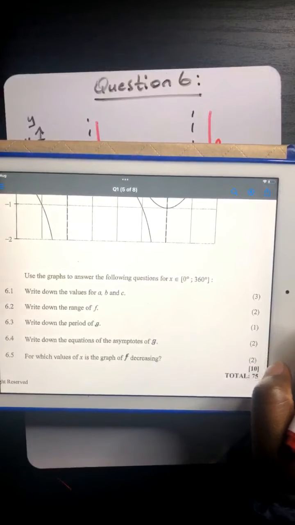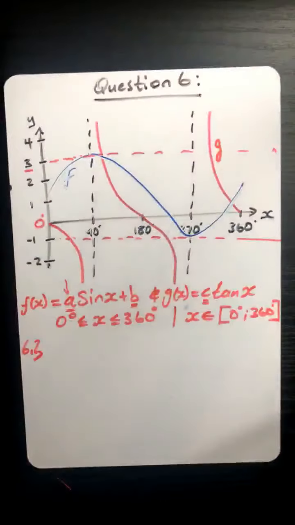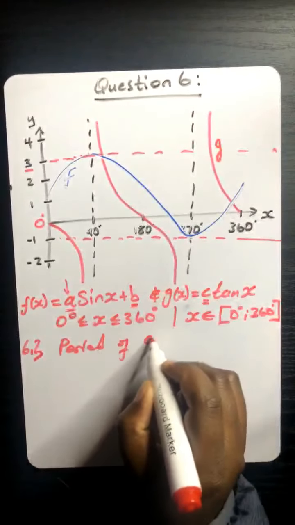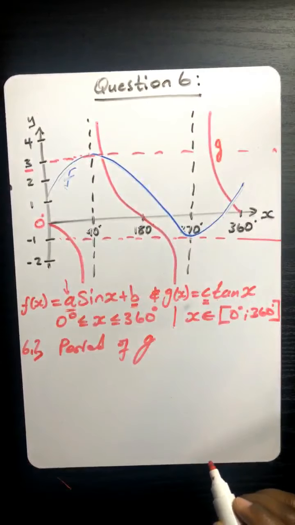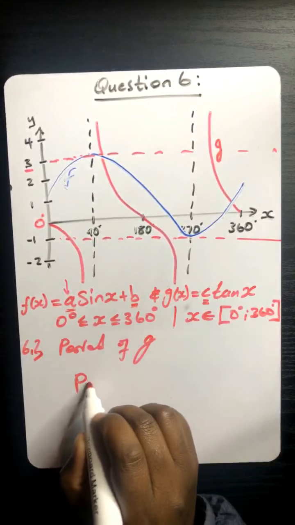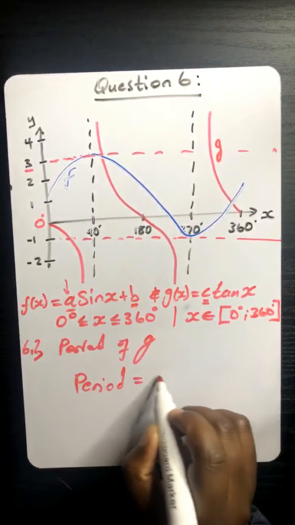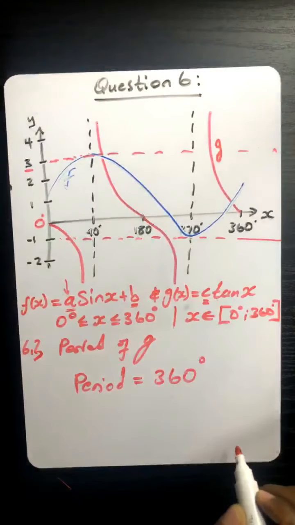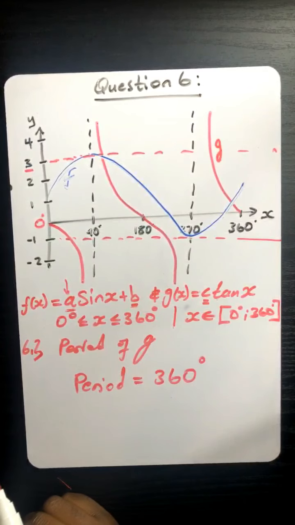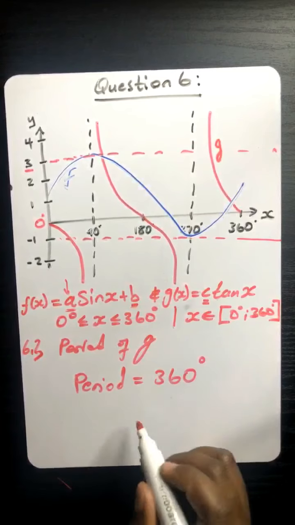What is the period of g, guys? I got someone saying the period is equal to 360. Do you guys agree or disagree with that one? Someone is saying 108.